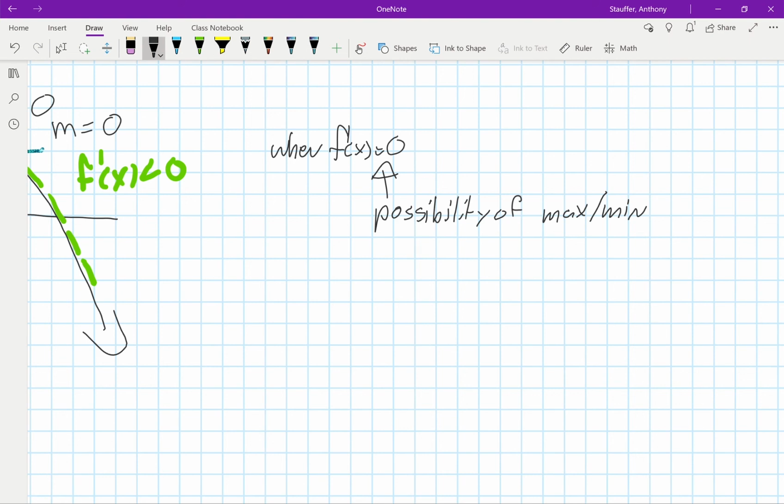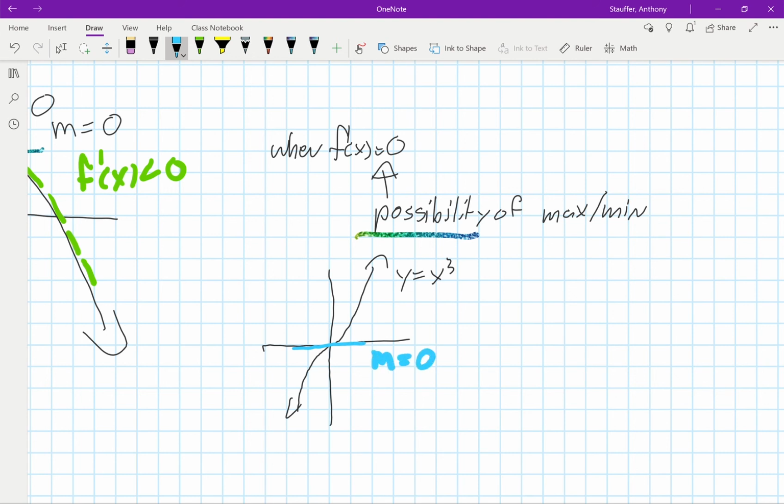Now, you'll also notice that I use the word possibility right there. The word possibility is very, very important because we don't necessarily have one. If I quickly sketch out my graph of y equals x cubed, at the point when x equals 0, if I draw that tangent line in right there, we'd still get a slope equal to 0 on that tangent line.